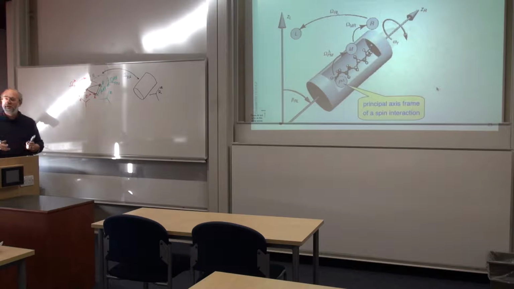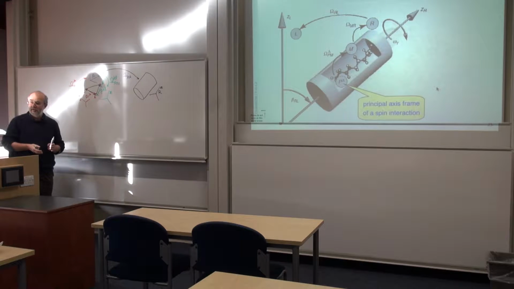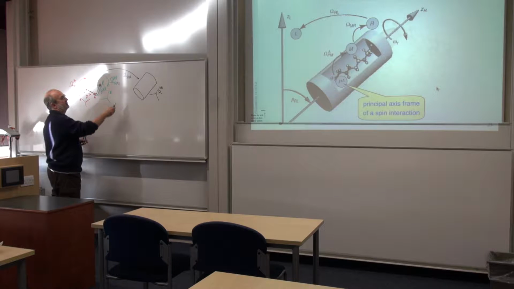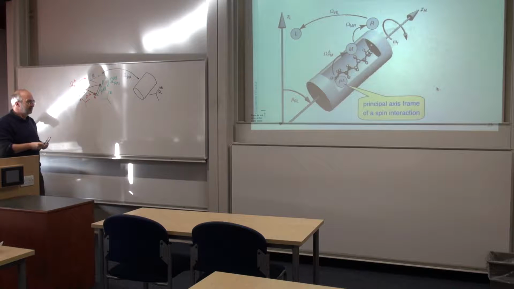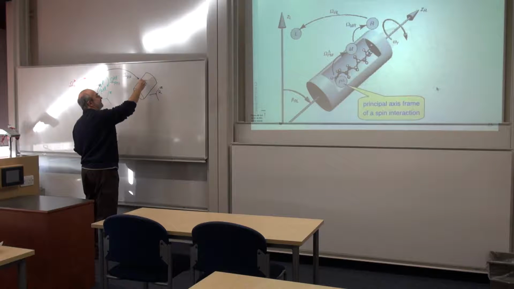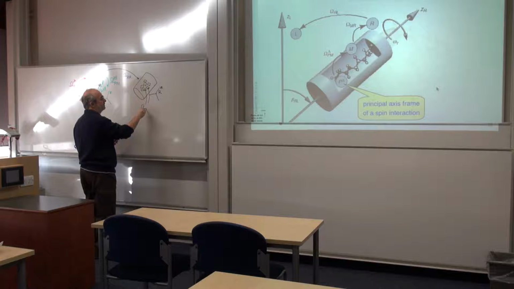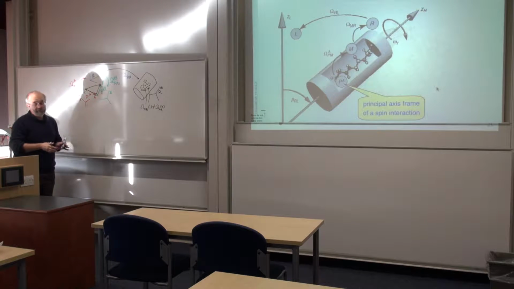And what's more, if you have a powder, which you usually have, a powder basically represents a large number of different molecules, each with a different orientation of the molecular frame and the rotor frame. So basically you have a set of crystallites in the rotor with different orientations.